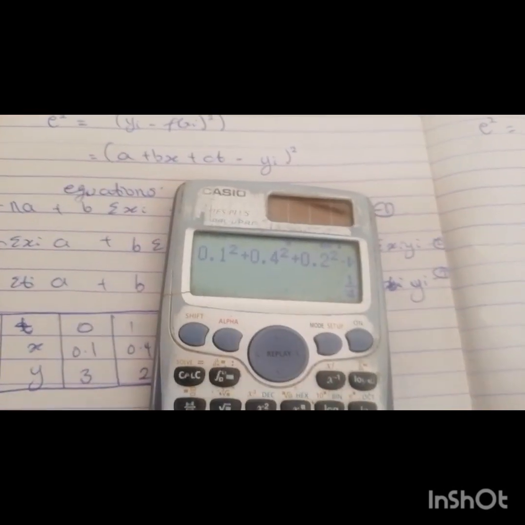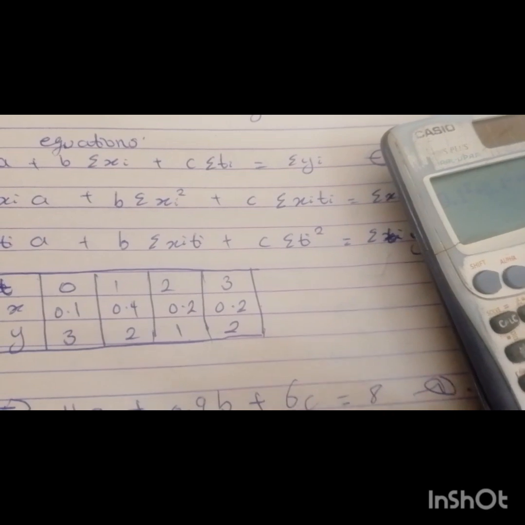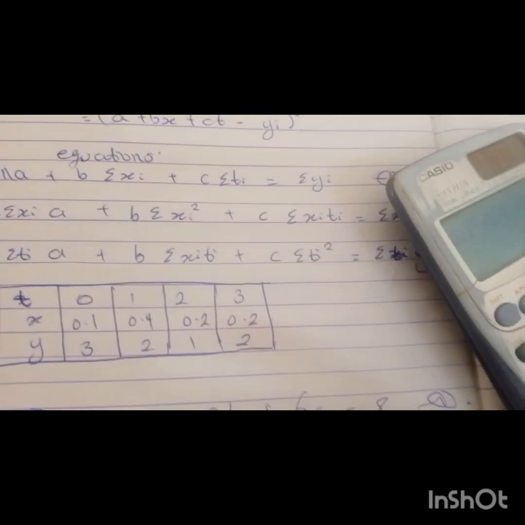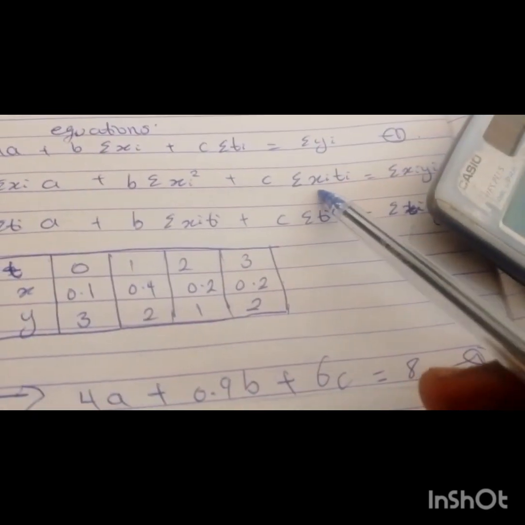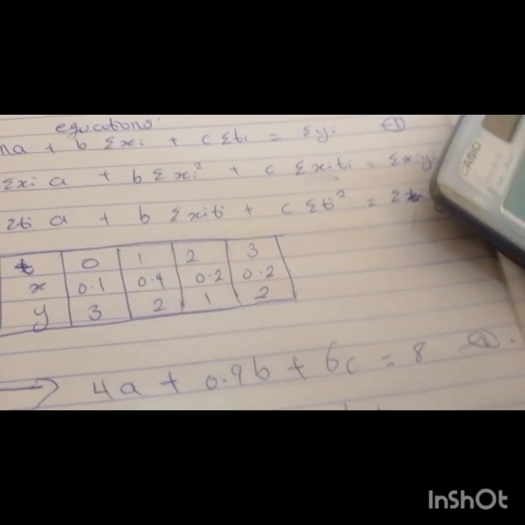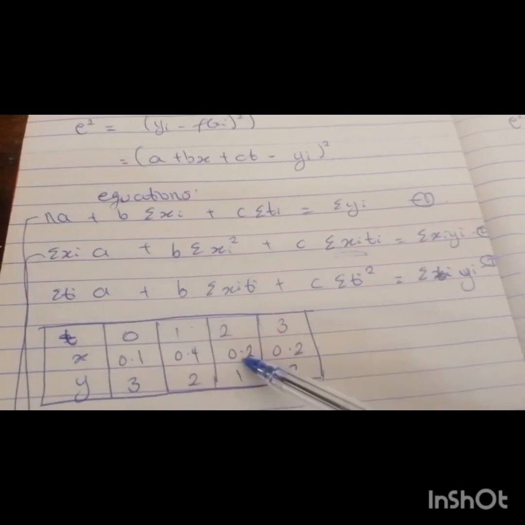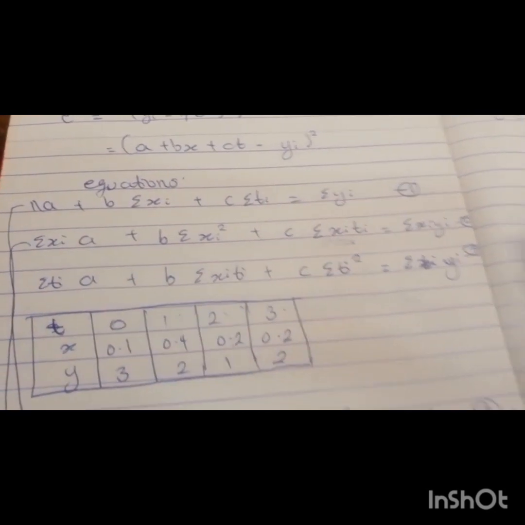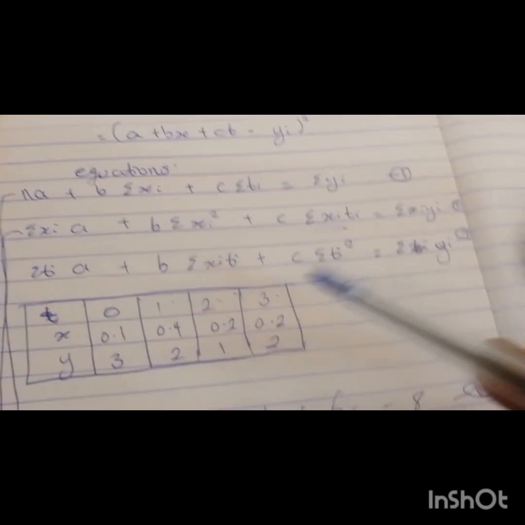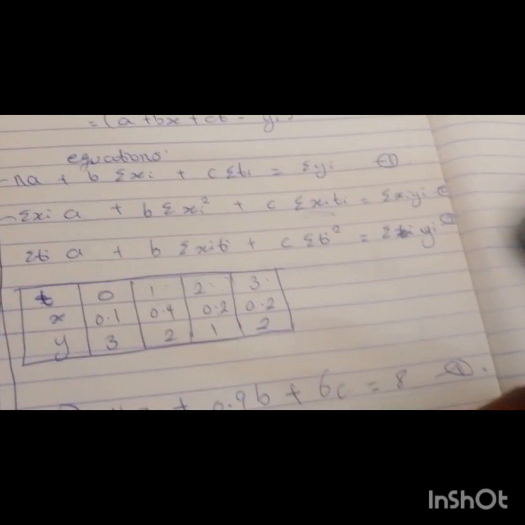So we have this, which gives us 0.25. So we have 0.25b plus, over here, you have xiti. So this time this plus, this time this plus, this time this plus, this time this. This one gives us 0.4, another 0.4, that's 0.8, 0.6. So 0.6 plus 0.8 gives us 1.4.